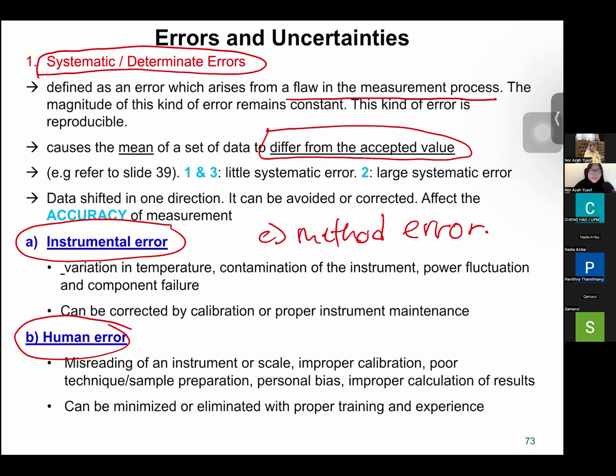Any suggestion, Kamarul? Where do you start? I will start with literature. Okay, well, it's correct. We start with literature. And next one, yes, Helmi. Characterize.